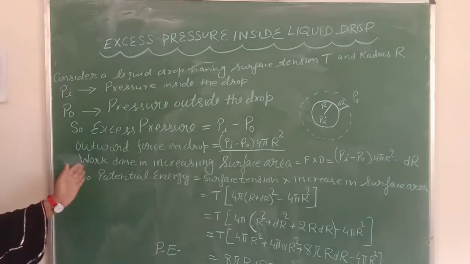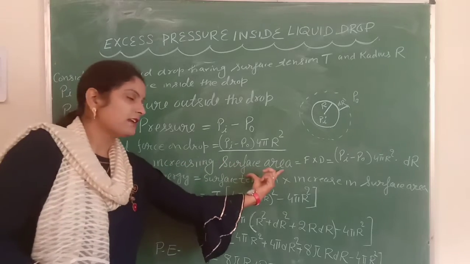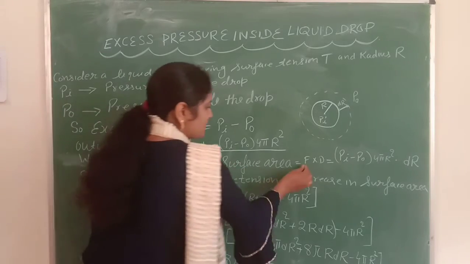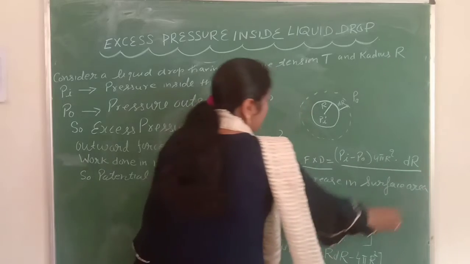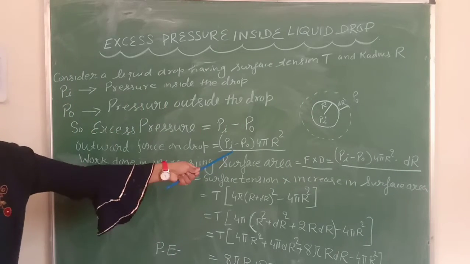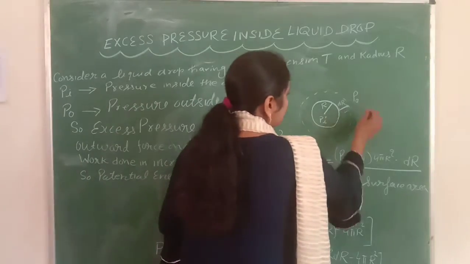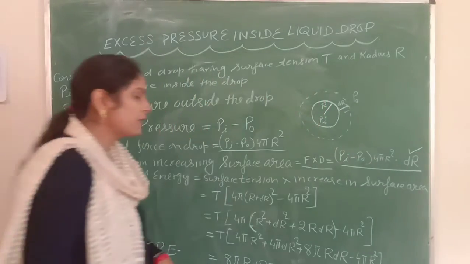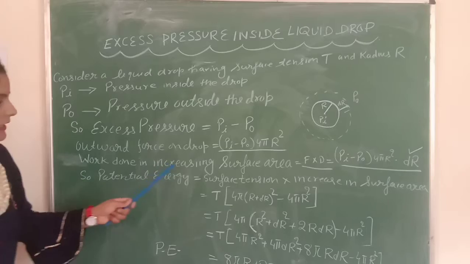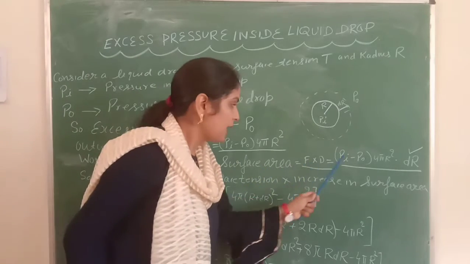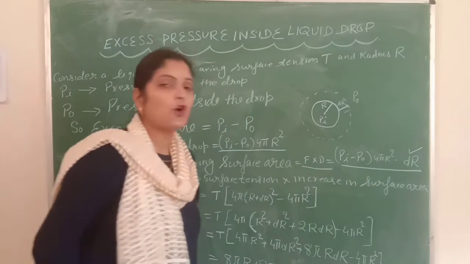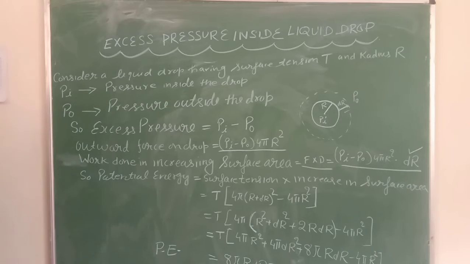So work done is force into displacement. Force we have already calculated, Pi minus Po, and displacement means dr. So this is the work done in increasing surface area: Pi minus Po, 4 pi r square dr.